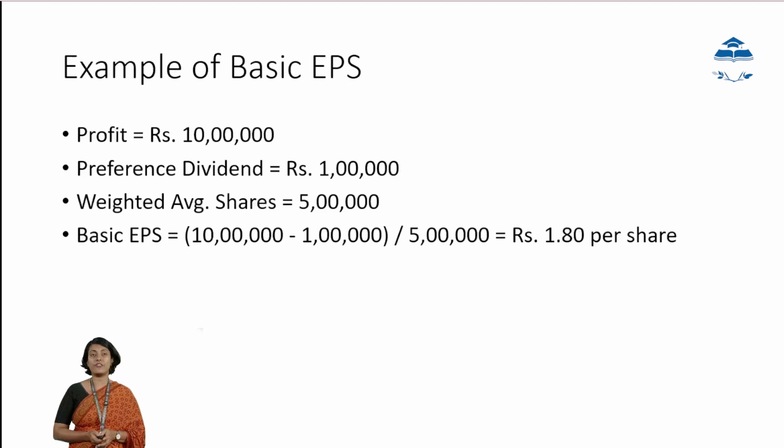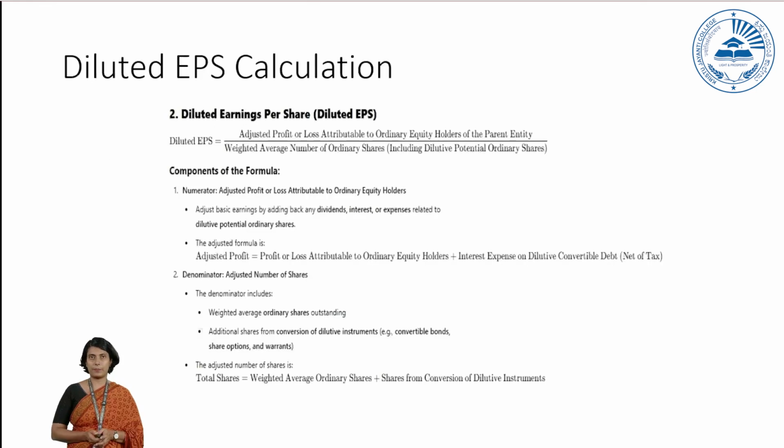For example, if you have 10 lakh profit, the preference dividend is 1 lakh, and the weighted average shares are 5 lakh, then basic EPS will be 10 lakh less 1 lakh, which is the dividend, divided by 5 lakh, which is 1.8 per share.